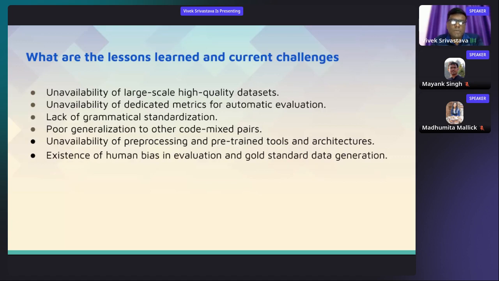There are people who have tried to address that problem, but still there are things that need to be taken care of. One very big problem is that the generalization is not there. Whatever is being studied is either for one language or maybe for a couple of languages in a certain geography, but we need to understand how well it will generalize when we take other code mixing pairs as well.